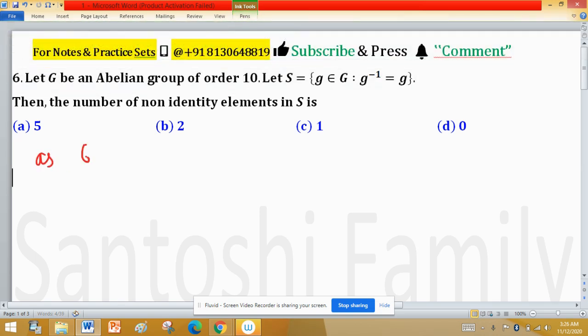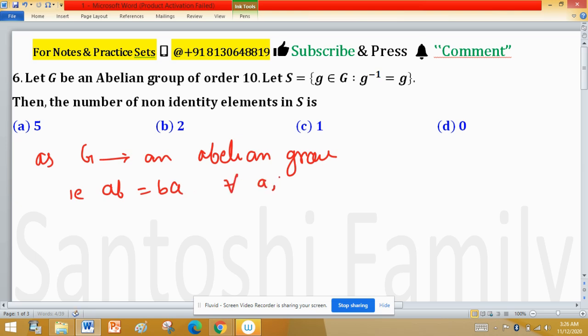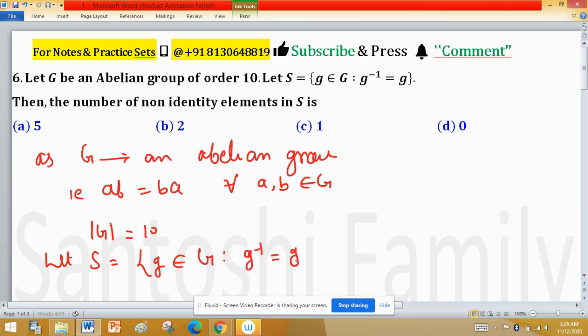G is an abelian group, that is ab equals ba for all a, b belonging to G, and order of G equals 10. Let S be a set, and elements in S are coming from G such that g inverse equals g.